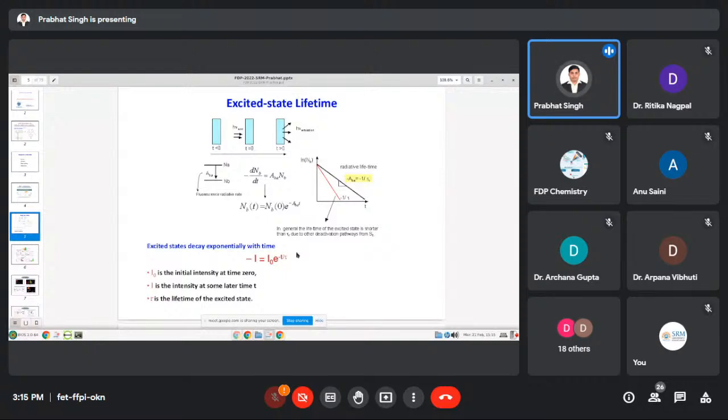Once again, to emphasize the meaning of lifetime: the molecule stays in the excited state for an average time, and that average time is the excited state lifetime.